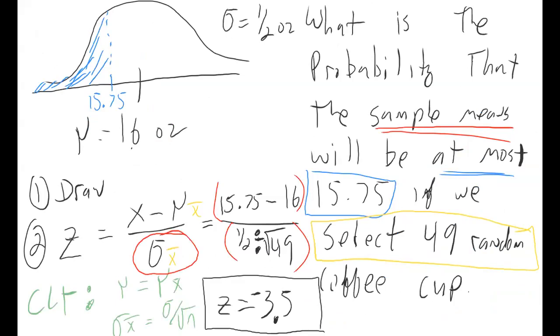In the central limit theorem, the mean equals the mean, so that number does not change. The only one that actually changes is the standard deviation, based on how many items we're picking.